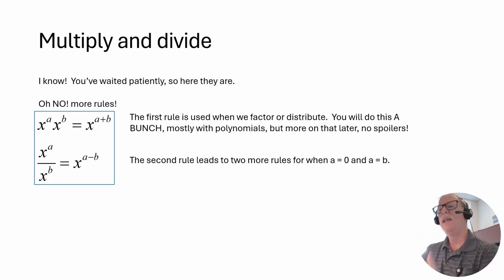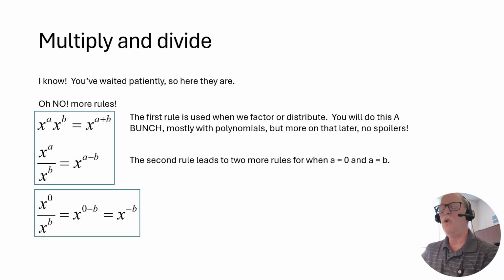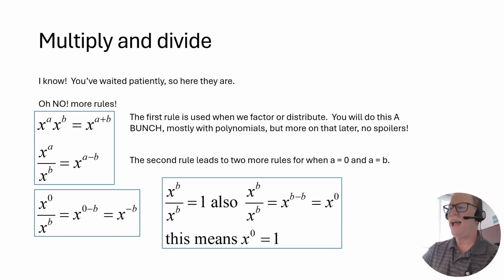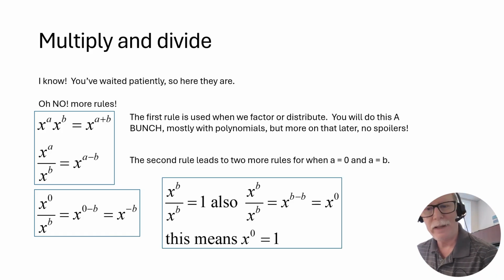So let's focus. The second rule, which is where we divide, we got two more rules for when A is 0 and B could be 0, but that's not a really cool rule. And when A and B are the same. So when A is 0, you apply that second rule and you get a negative exponent. So that's where we find negative exponents. Now the x to the 0 has its own special rule, and that is when a and b are the same.